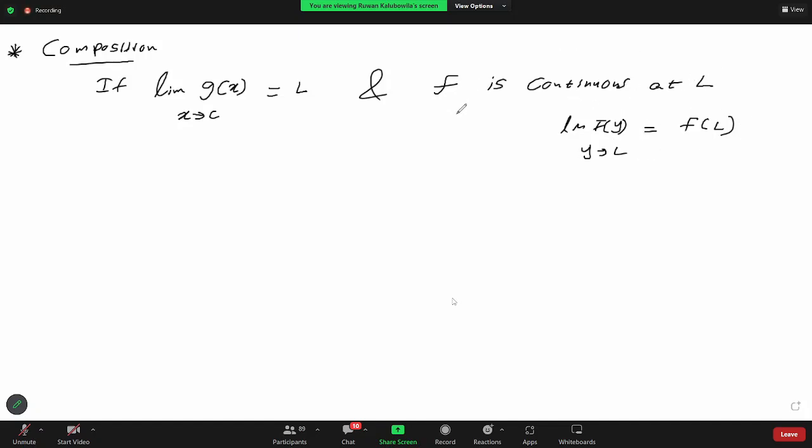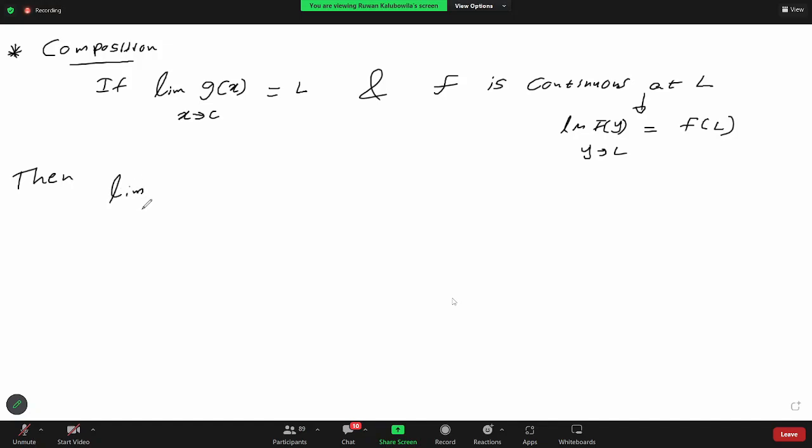If someone says f is continuous at L, then you can write the inverse. That means these are okay. Then, when both happen, we can write down like this. Now we are going to the composition.